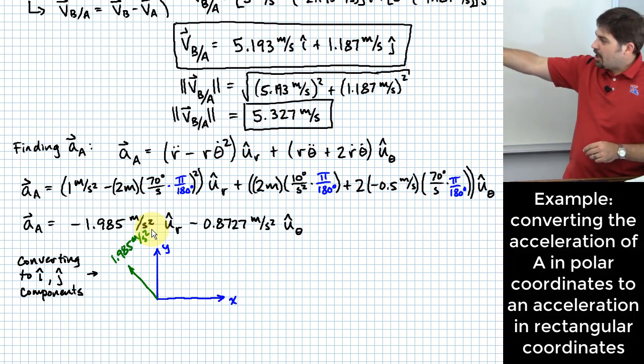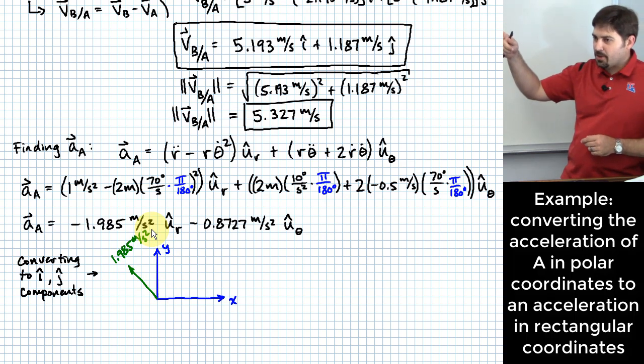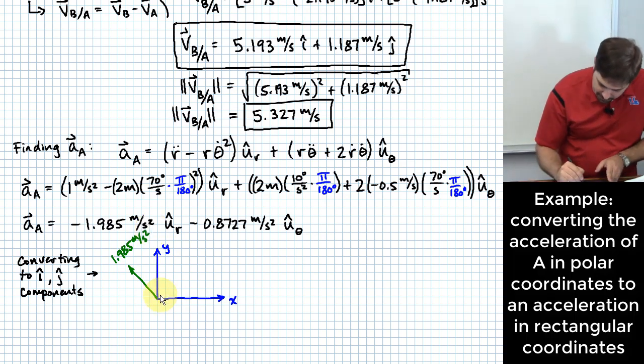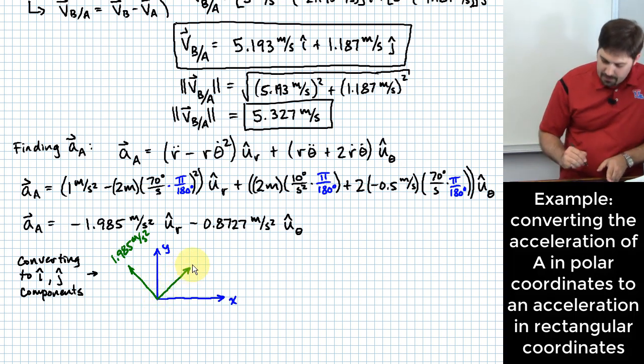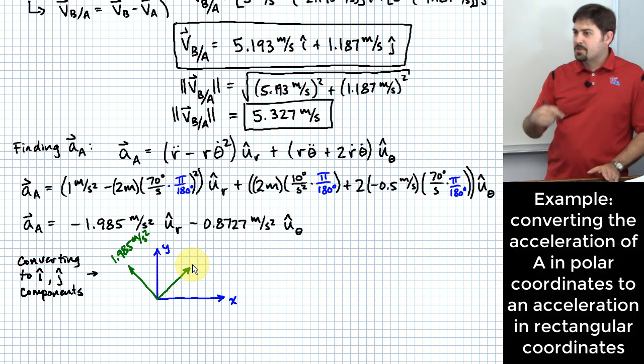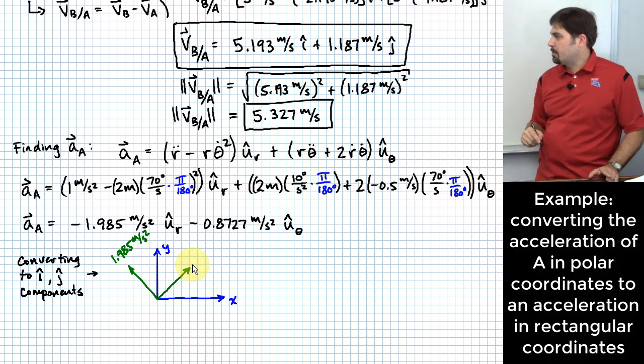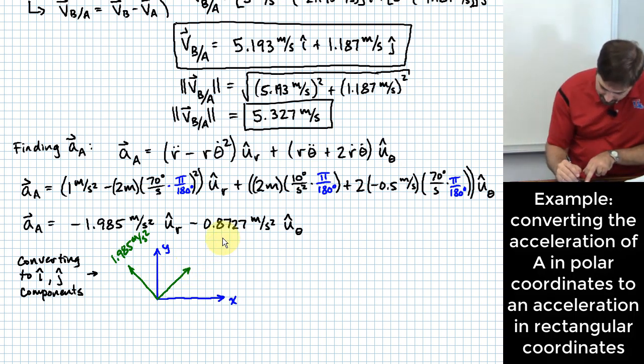That means it's going to be opposite the direction that clockwise would imply. So this vector would point this way, because clockwise implies the direction we had last time. Since we have a negative value, it implies counterclockwise, and that would be associated with that direction. And so this would be that 0.8727 meter per second squared.